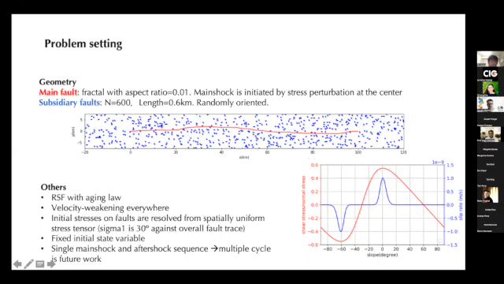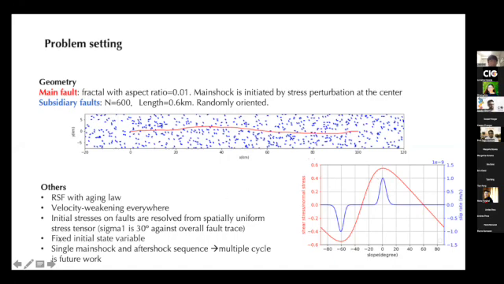From this calculation, the initial shear over normal stress and initial slip rate are a unique function of fault slope. Oh, I forgot to state that the initial state variable is fixed. So this leads to this initial slip rate and initial stress distributions.